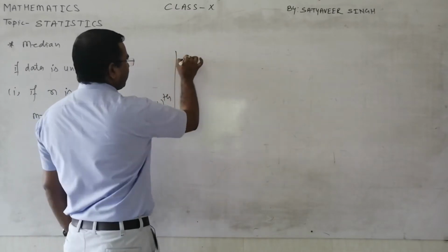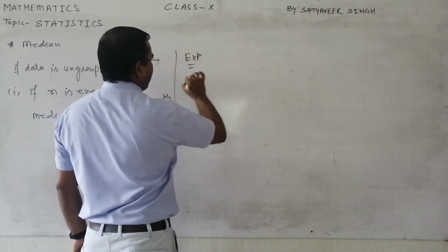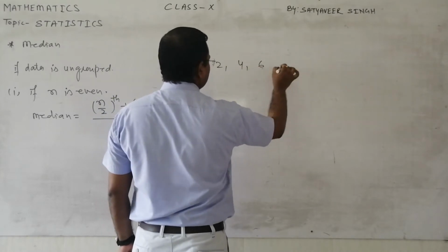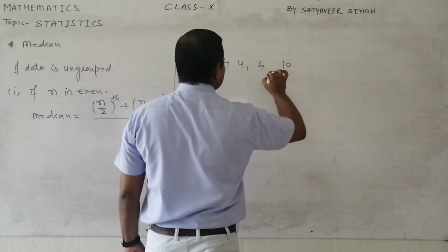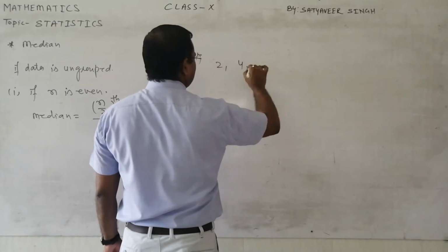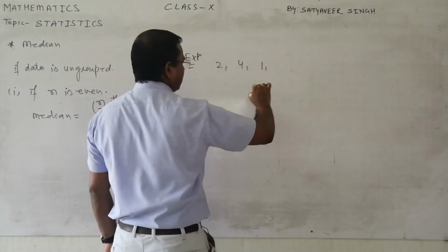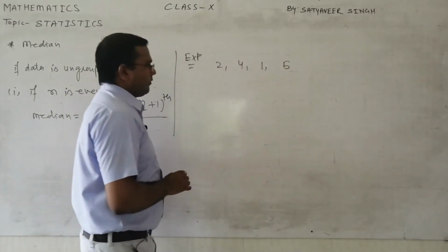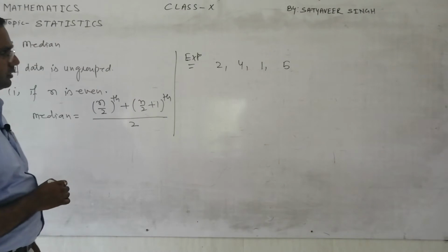Let us see the example. Suppose it is given 2, 4, 6 and 10, or maybe I am taking some small numbers like 1, 2, 4 and 5. So like this I have taken, there are 4 numbers.